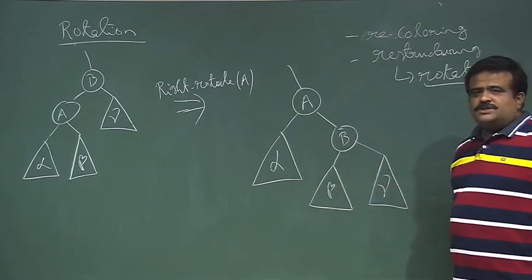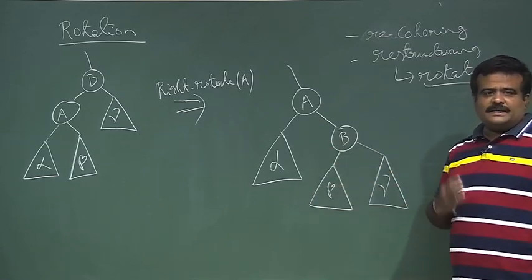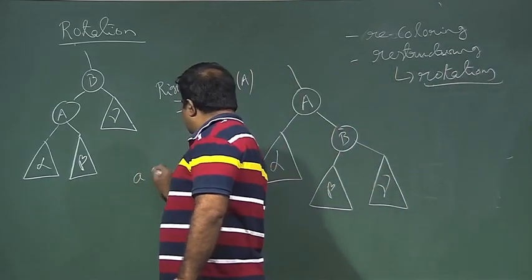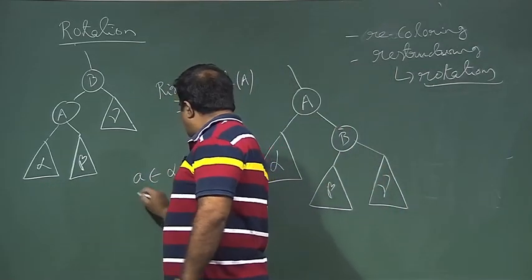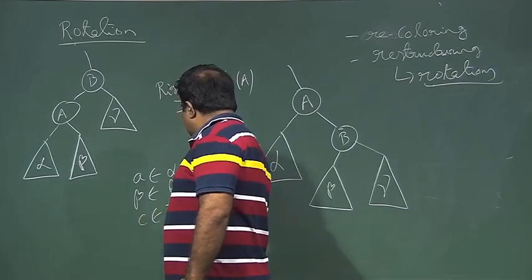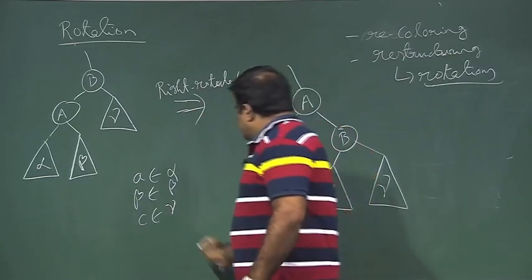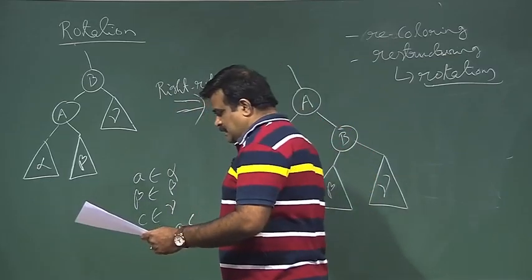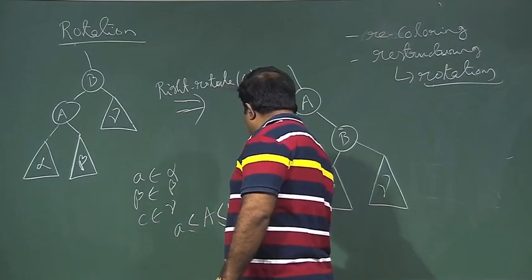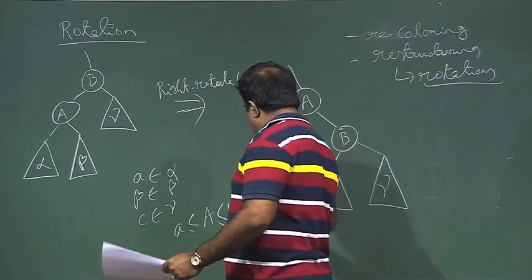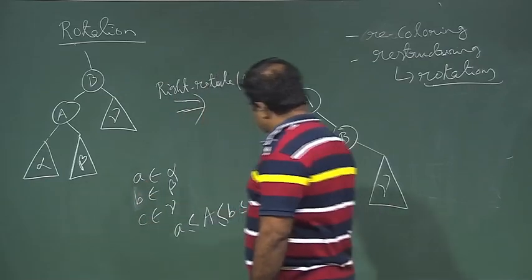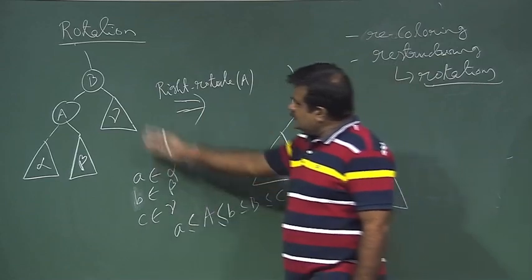Now, if you do this, still we are preserving the binary search tree property. So, that means if we take A belongs to alpha, B belongs to beta, and C belongs to gamma, then still we have A less than equal to B less than equal to beta less than equal to C. Sorry, this is B. So, this is a binary search tree.